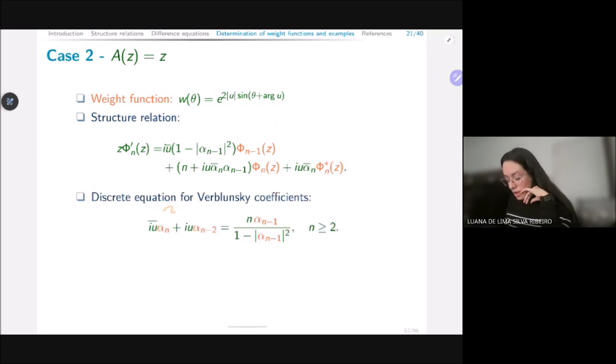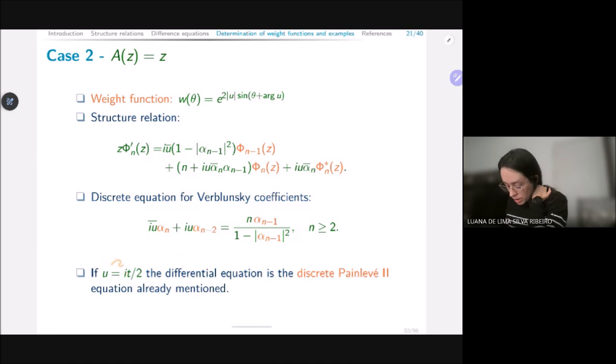And the discrete equation for the Verblunsky coefficients becomes this one. When we choose the parameter u equal to i divided by 2, this produces the wave function of the modified Bessel polynomials, and this discrete equation becomes exactly the discrete Painlevé 2 equation that I mentioned before.